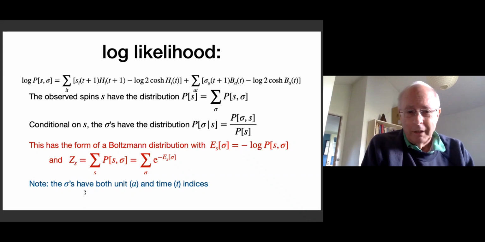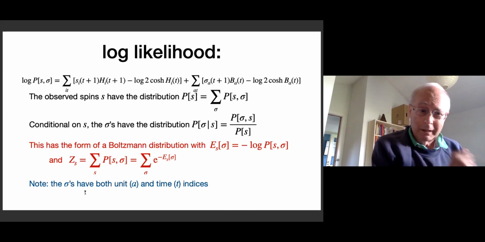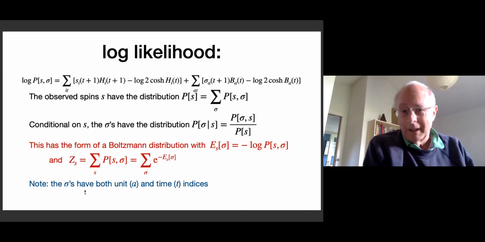Now, I just want you to notice in this problem, this is unlike the equilibrium statistical mechanical case. The sigmas have indices, or arguments, which both label which unit it is and what time it is.